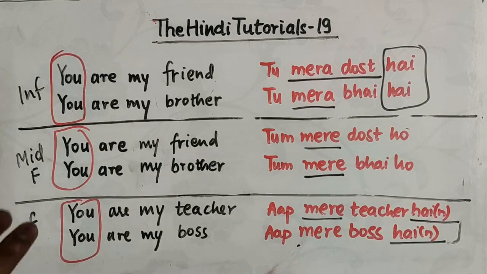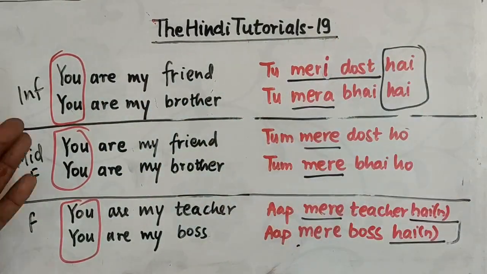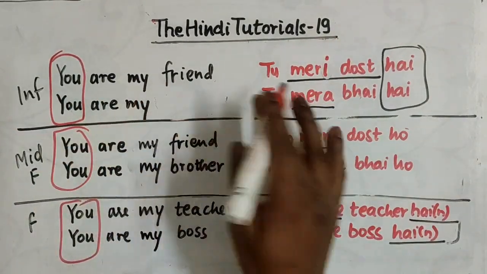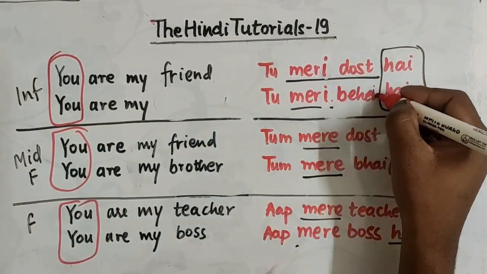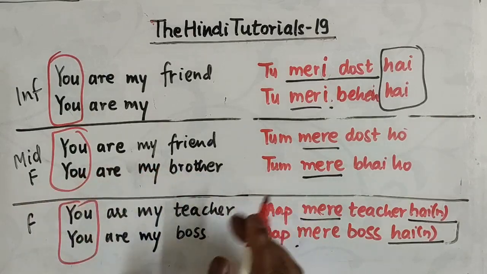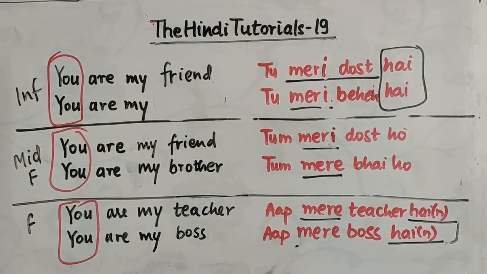If we talk about females, it would change a bit. You are my friend would become तू मेरी दोस्त है. You are my sister would become तू मेरी बहन है. You are my friend. Mid formal, तुम मेरी दोस्त हो.